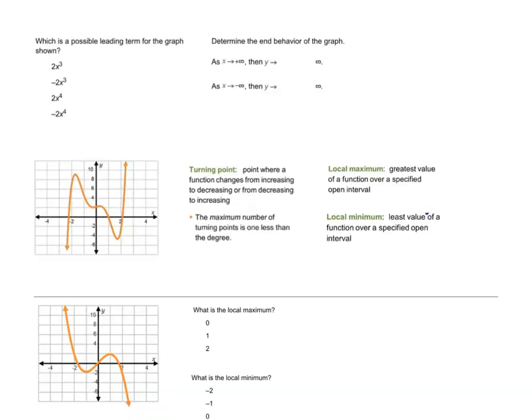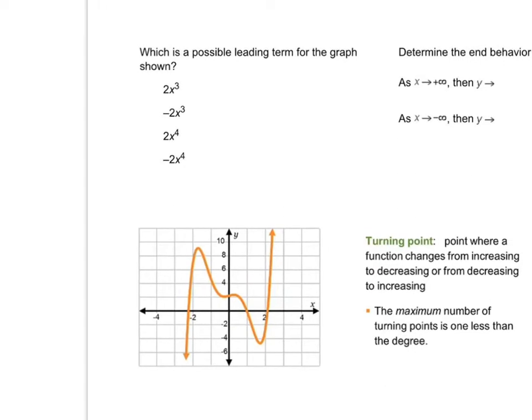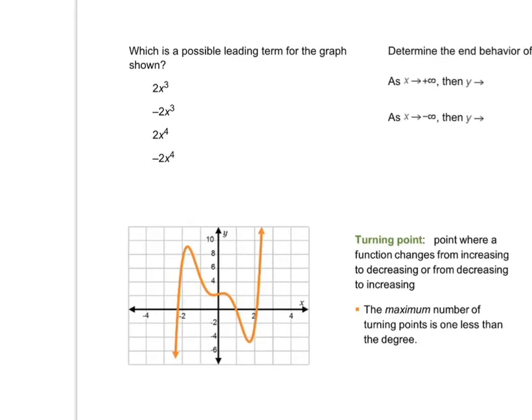All right, here's the next page. Let's go ahead and take a look at this graph. It says, which is the possible leading term for the graph shown? So what you have here is this graph, and we want the possible leading term. Now let's take a look at the end behavior.